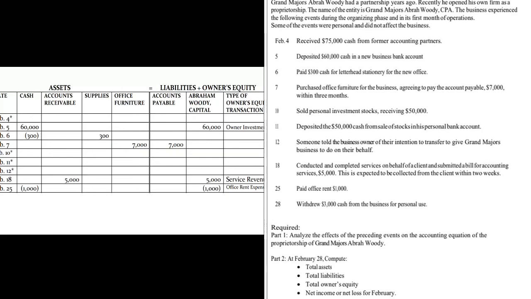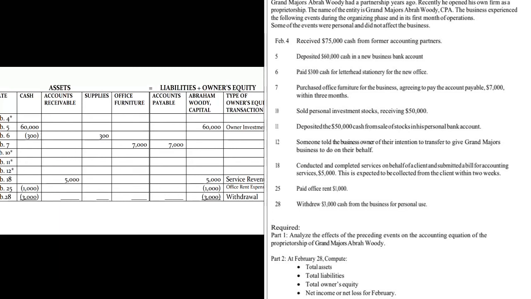And that is also found in your owner's equity. If your asset is reducing, your owner's claim to those assets, or owner's equity, is also reducing, as we're seeing here. And we're denoting this transaction as what type of owner's equity transaction? A withdrawal, or some people might write drawings.